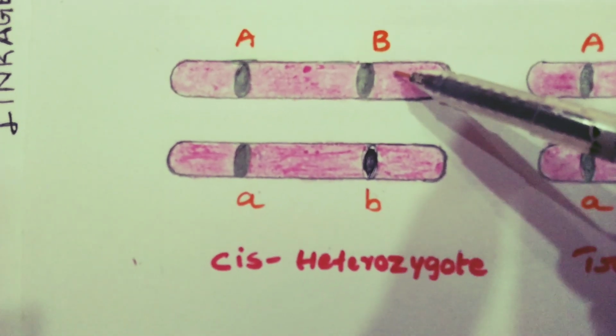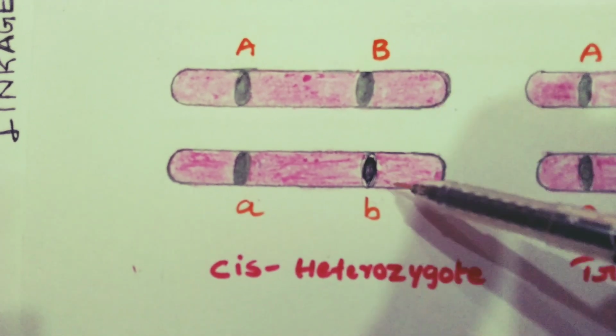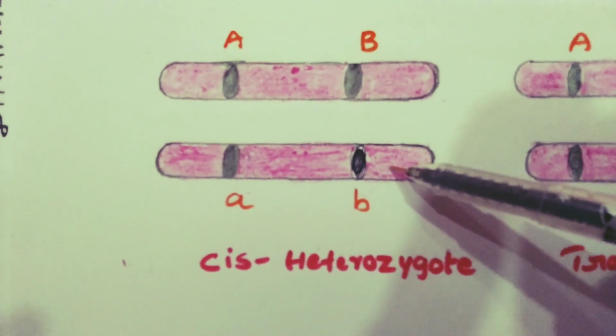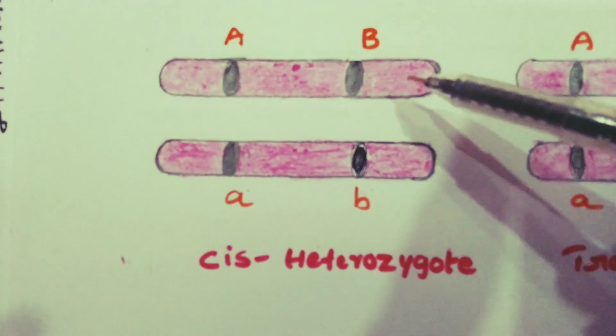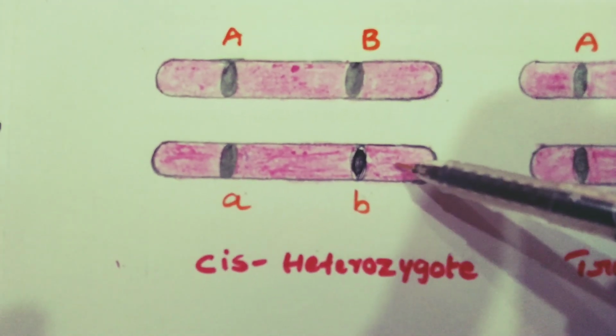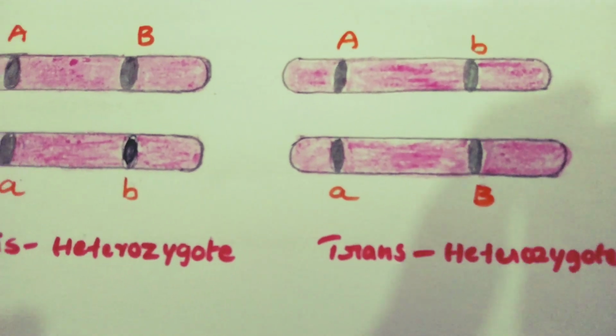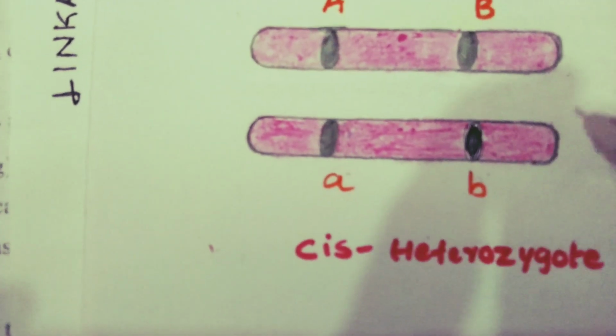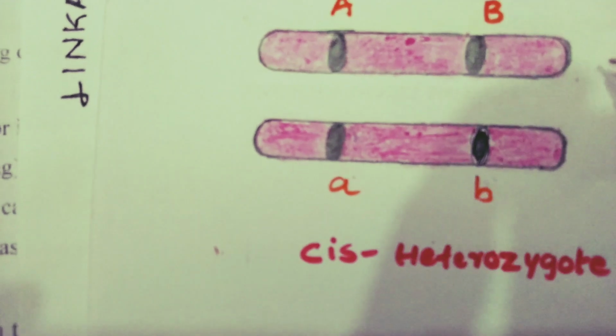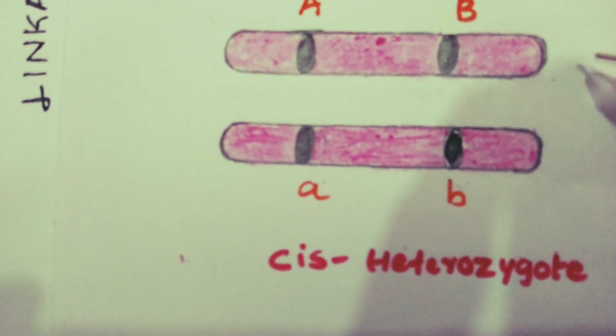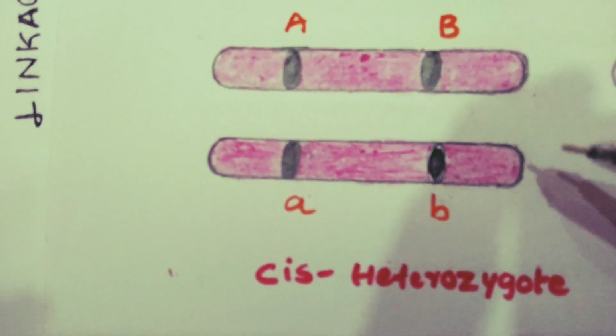One chromosome has two dominant alleles, and the other chromosome has two recessive alleles. These two are the homologous chromosomes, they are in pairs. Let's see the next configuration. Before that, this arrangement is called cis arrangement, and the heterozygote with such an arrangement is known as a cis heterozygote.